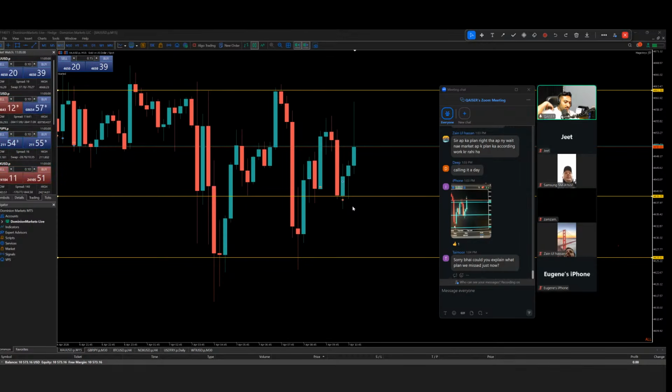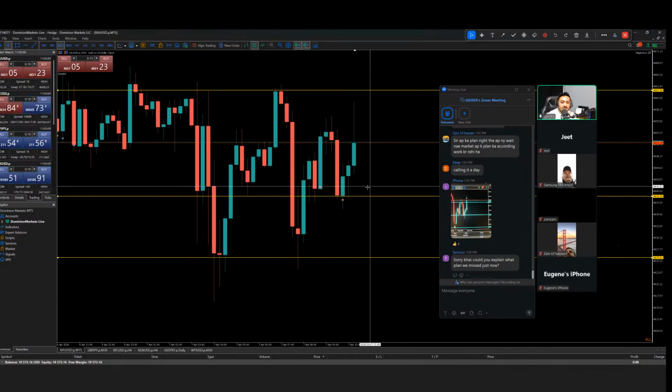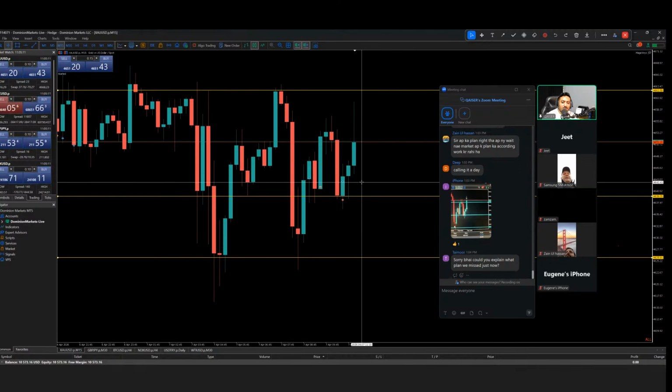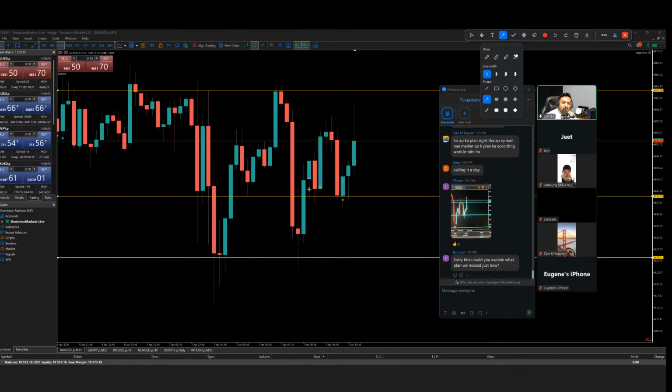So, bhai, could you please explain what plan we missed now? The plan was actually to wait for the candle to create a support and then go for the buys. This was the plan I was having before, but this candle betrayed me. It closed below the support, giving me the sign of confirmation that there is a probability we would keep pushing downside. This candle created a wick and broke this low.